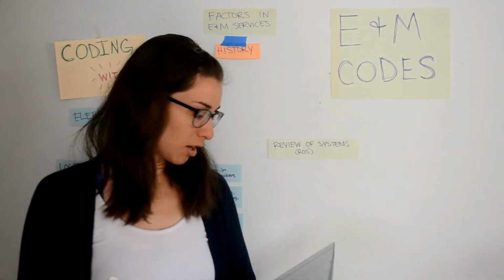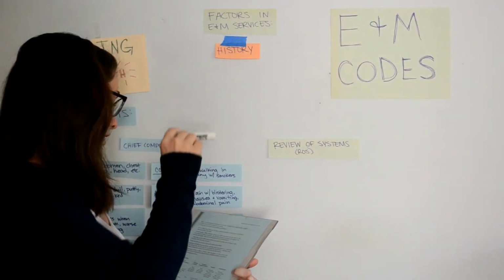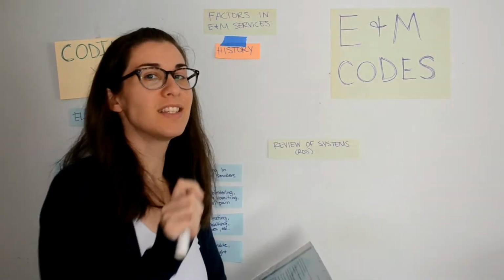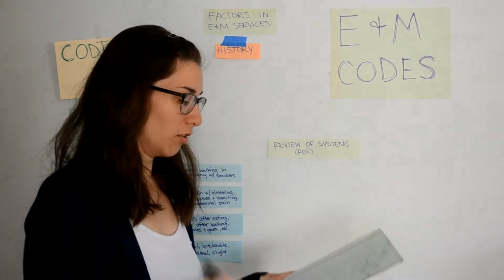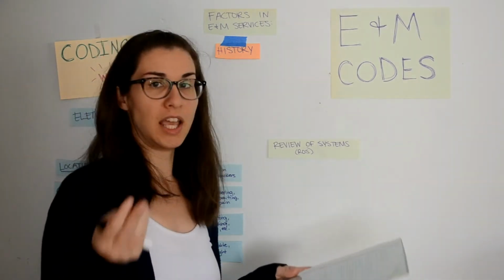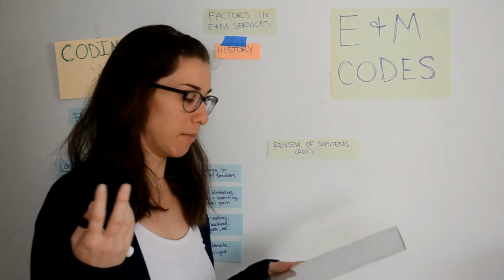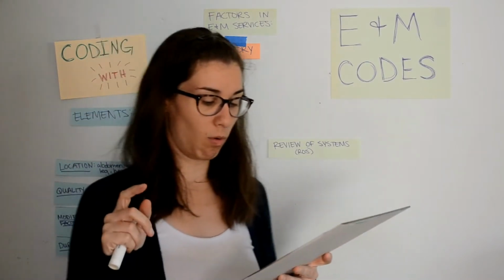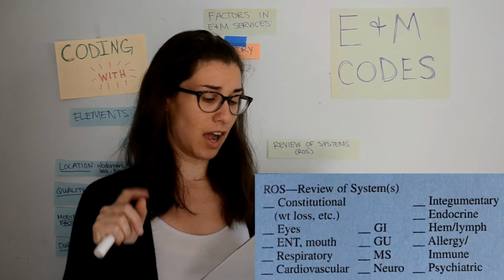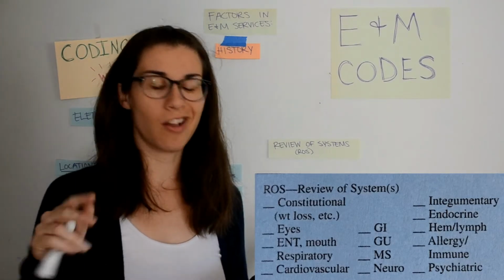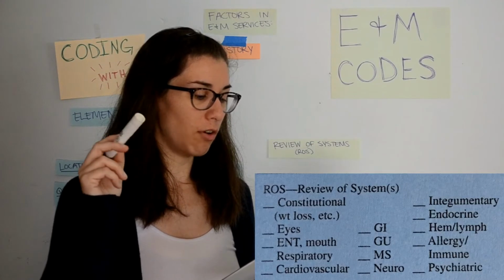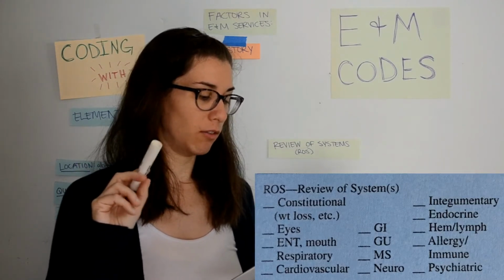Okay, so the next component of the history is the review of systems. So the review of systems literally is review of body systems, body parts. And in this table, they have constitutional, either like weight loss, things like that. Eyes, ear, nose, throat, mouth is one of them.